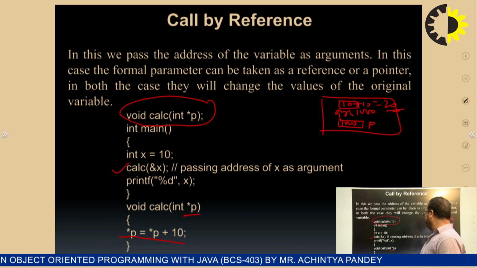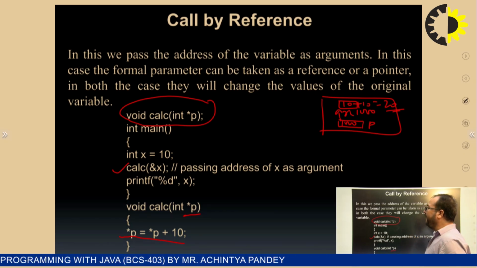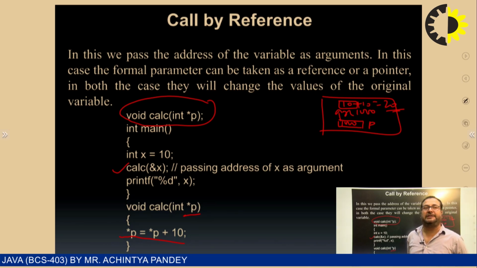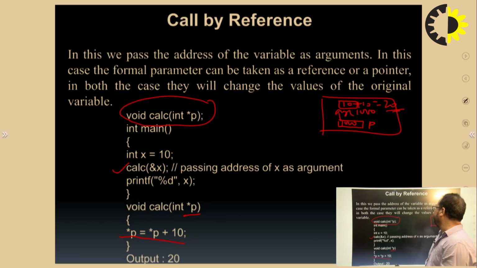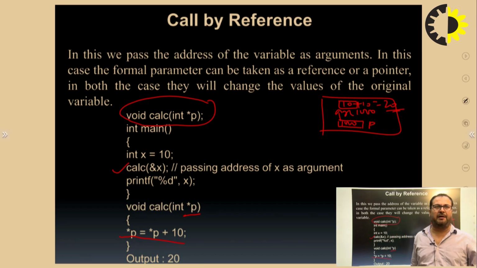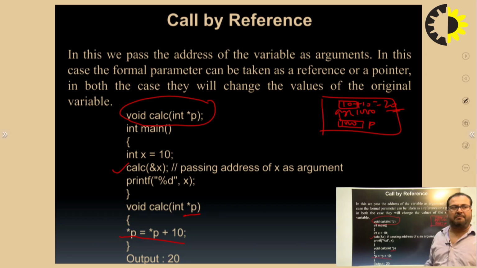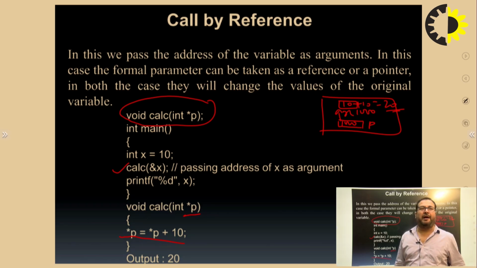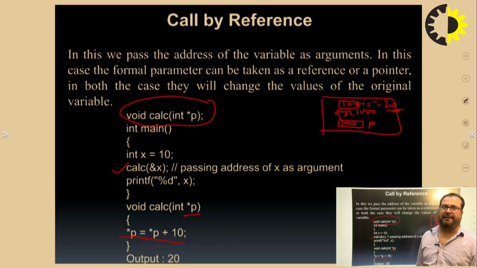Okay. So once we pass the address, by address we can manipulate, we can change the variable like here. In the previous example, we cannot change. That was the error. So there are two ways to call a function. One is call by value and the second one is call by reference. In call by value, we simply pass the value. In call by reference, we simply pass the address. Since we are going to pass an address, we require a pointer which will store the address, and by use of the pointer, we can edit or change the variable indirectly.